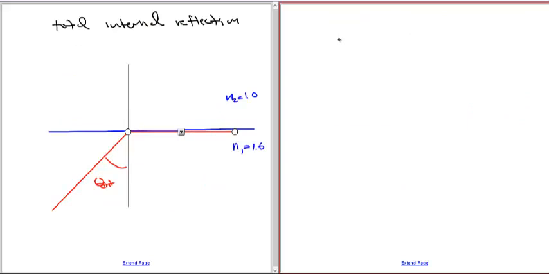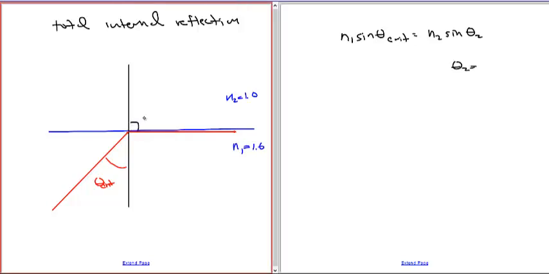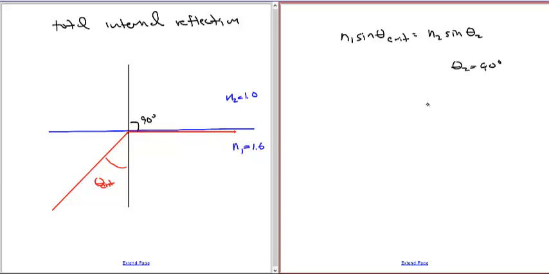So remember, the scenario is that if you use Snell's law, N1 sine theta critical equals N2 sine of theta 2, but theta 2 is 90 degrees. So the sine of 90 degrees is 1.